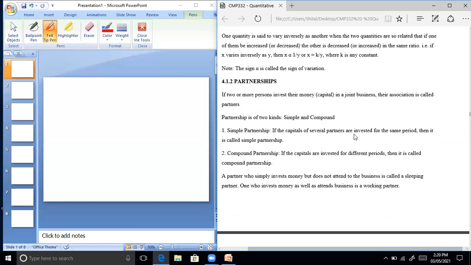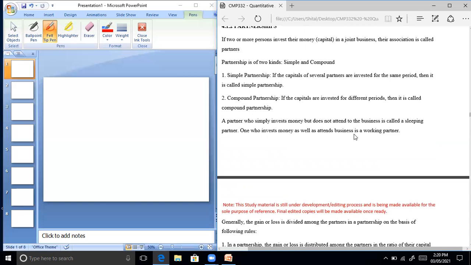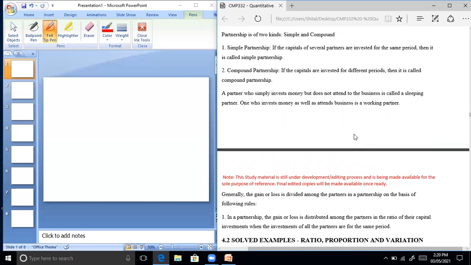Partnership: if two or more persons invest their money, capital, in a joint business, then the association is called a partnership. There are simple and compound partnerships. In a simple partnership, the capitals of the several partners are invested for the same period.